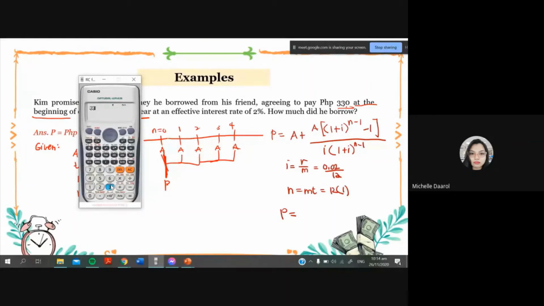So we have 330 plus 330 times 1 plus, well, n minus 1, 12.